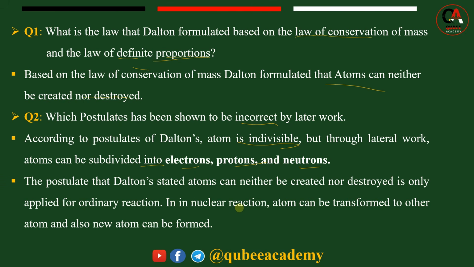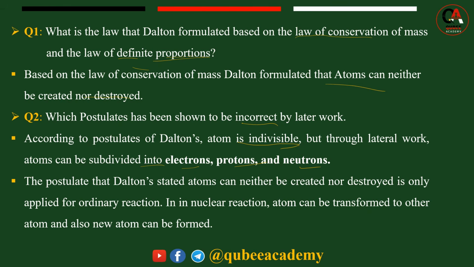The postulate of Dalton states that atoms can neither be created nor destroyed in a reaction. This is only applied for ordinary reaction. But in nuclear reaction, atom can be transformed into another atom, and also any atom can be formed. What is a nuclear reaction?